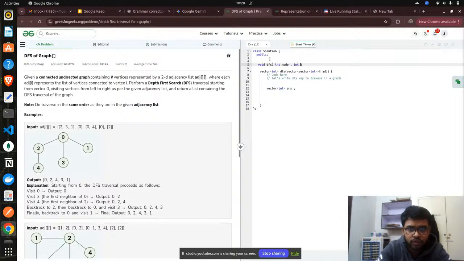Values: node, parent. The father's node is visited. Parent and visited.